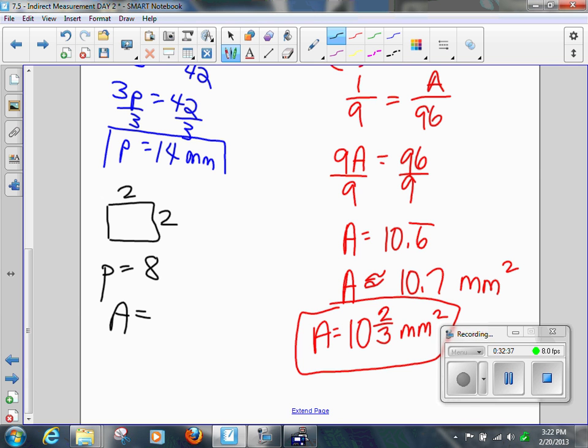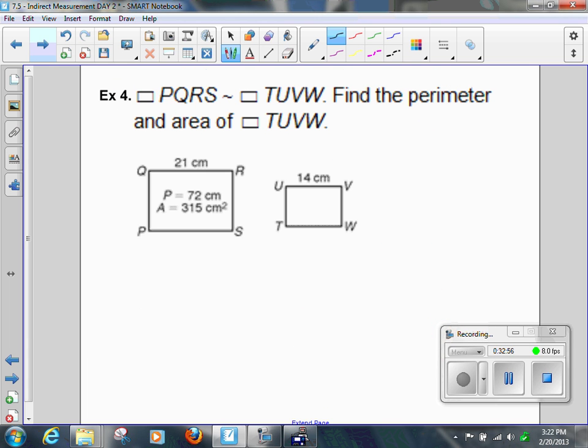What's the area of that square? Okay, so can the area be smaller than the perimeter? Yes. I did this right here just to check that my numbers were right, because it didn't make sense to me until I did this, and I went, okay, it's okay then. All right? Some of you are like deer in headlights.